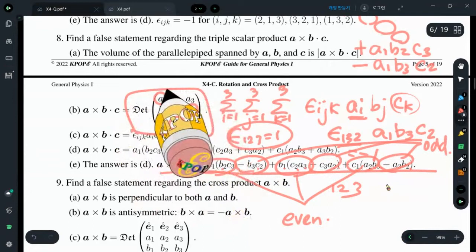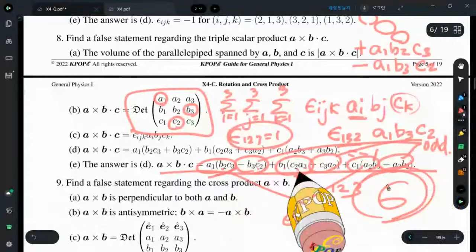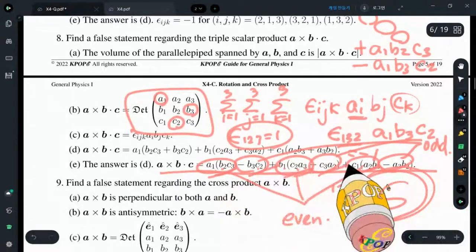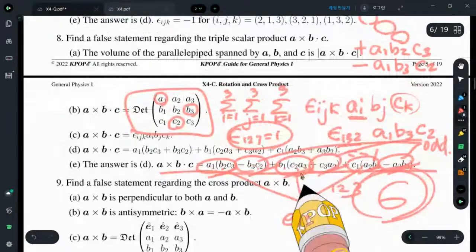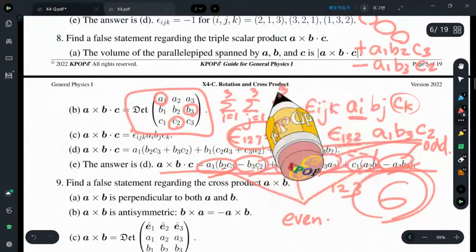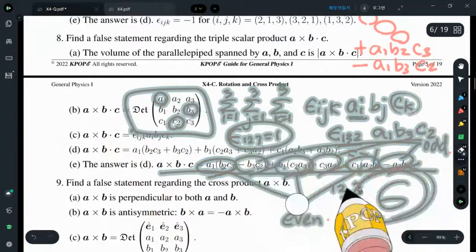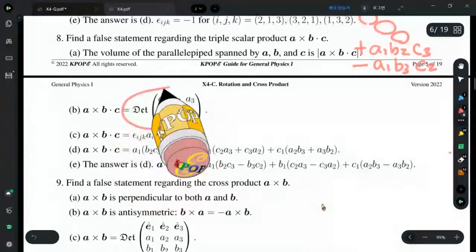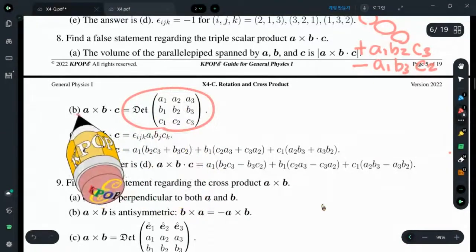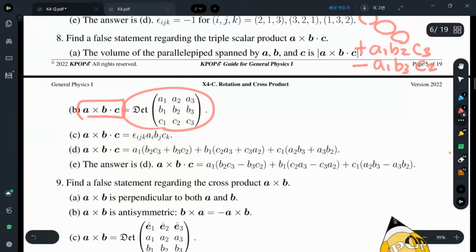So the determinant consists of 6 non-vanishing terms, and among the 6, there are 3 positive terms and 3 negative terms. Okay? And the sign is determined by this epsilon IJK. So if you are familiar with the determinant of a 3 by 3 matrix by making use of the triple scalar product, then it will be very easy to compute the inverse matrix.